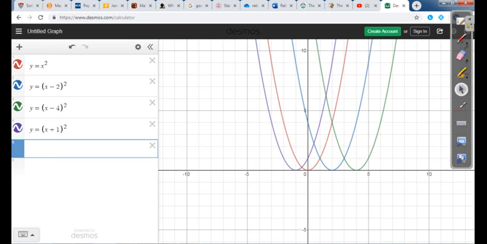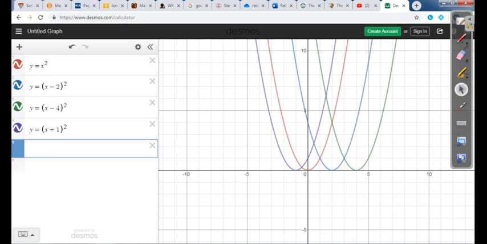Eyes on this: if it's negative inside the bracket, it's moving to the right. Did we expect that? Did you guys expect that? You expect it to be to the opposite side, right? Okay. And if it was positive, it moved to the left.